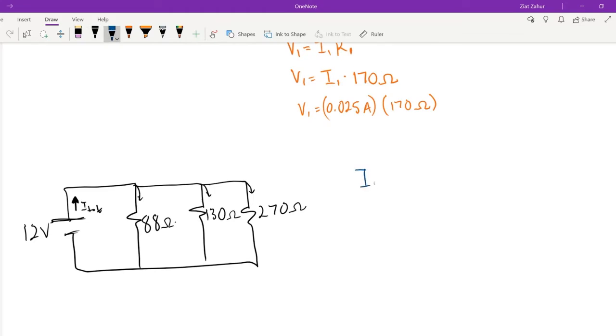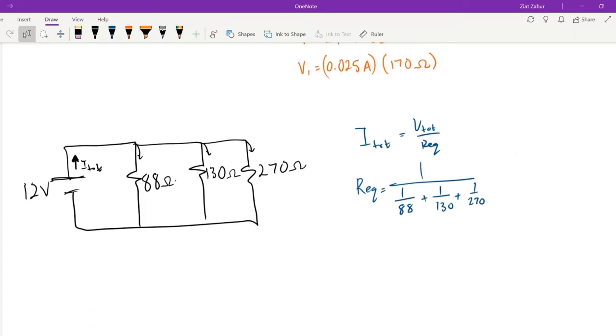But I total must equal V total over REQ. But REQ is different. You can't add them up. You have to use the parallel rule. That's 1 over 88 plus 1 over 130 plus 1 over 270. The battery is still 12 volts, so you can still use 12.